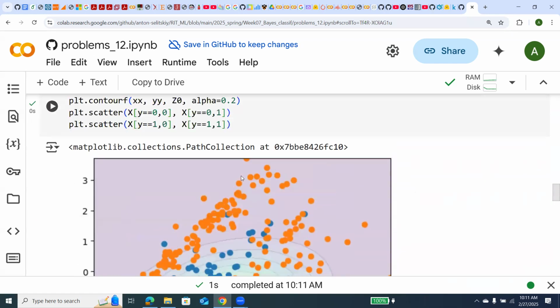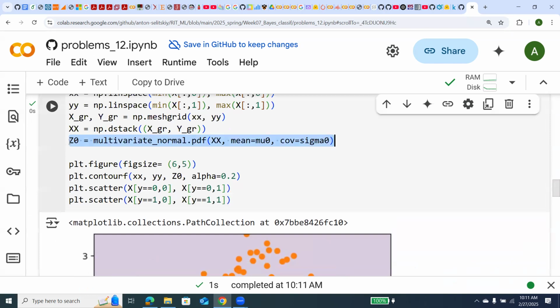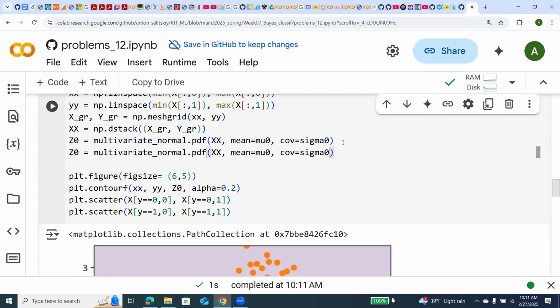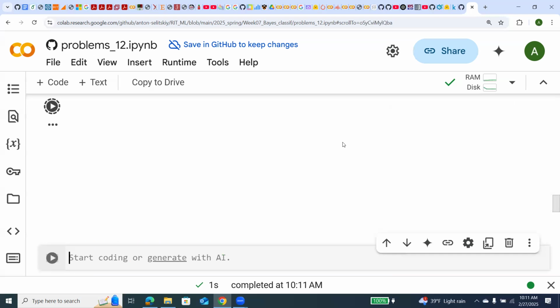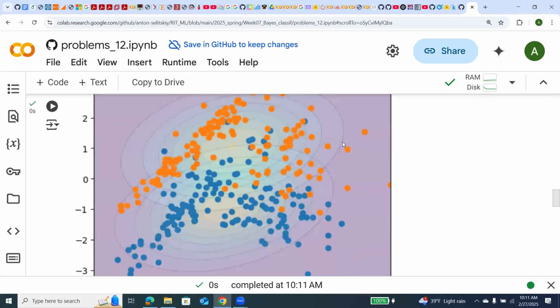Okay. So just add one more line, or maybe two lines, to plot this distribution for the first class. And you will get the plot with distributions for x given class 1 and x given class 0.